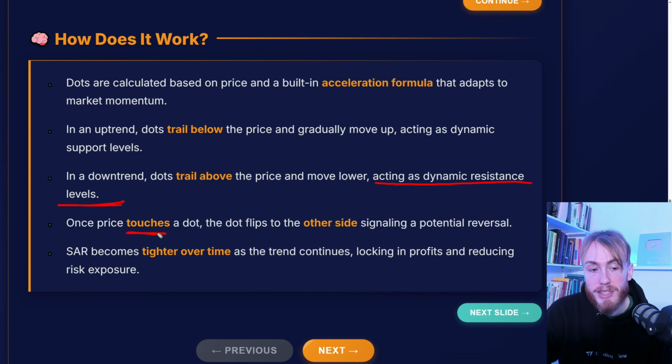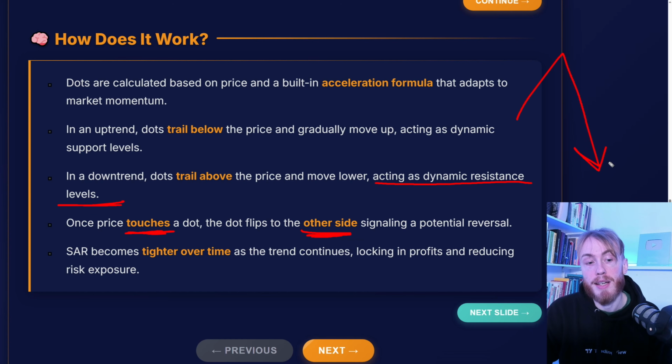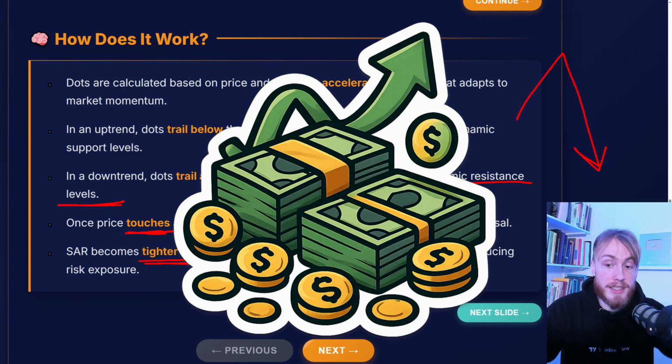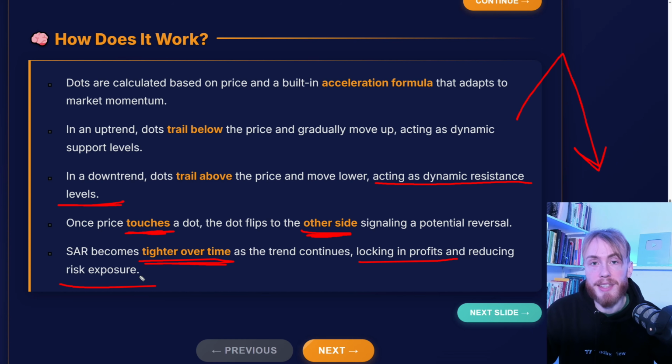And here, once the price touches a dot, this is when the dot flip happens to the other side. And this is the potential signal that the price will reverse or might reverse. Another important function about the SAR indicator is that SAR becomes tighter over time, which can help lock in profits and reduce the risk exposure.